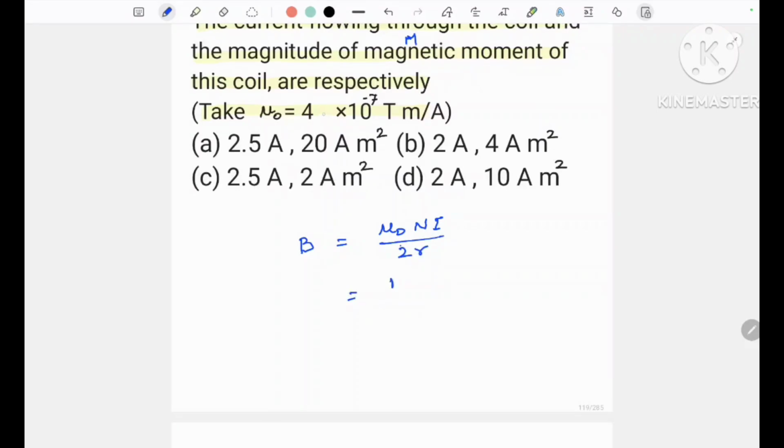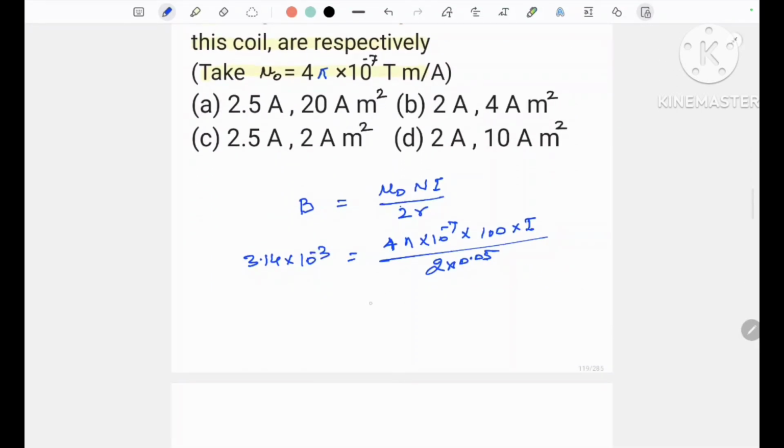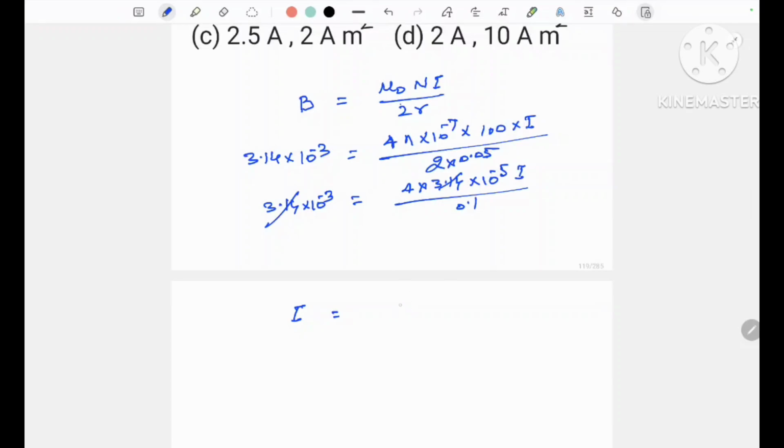Mu naught is 4 pi into 10 to the power minus 7, n is 100, I is to be calculated, 2 into 0.05, and this is equal to 3.14 into 10 to the power minus 3, or 4 into 3.14 into 10 to the power minus 5 I by 0.1 equals 3.14 into 10 to the power minus 3. 3.14 से 3.14 क्रॉस हो गया, so I will be 10 to the power minus 3 into 0.1 by 4 into 10 to the power minus 5. 10 by 4, this is 2.5 ampere.